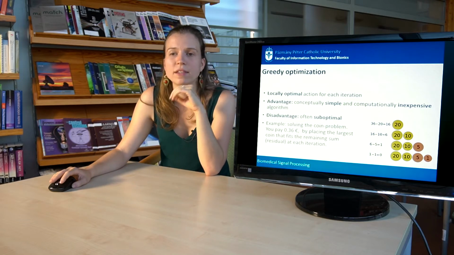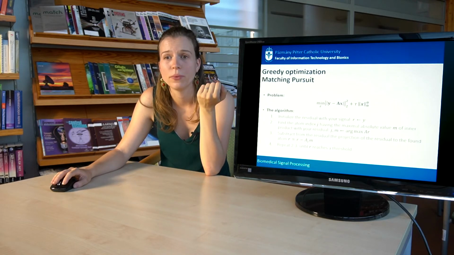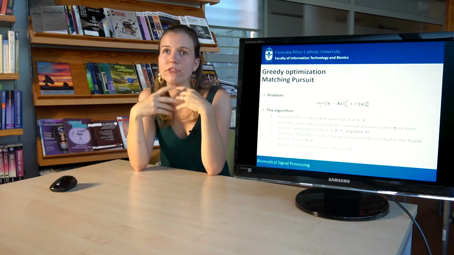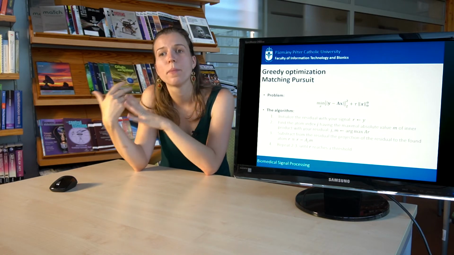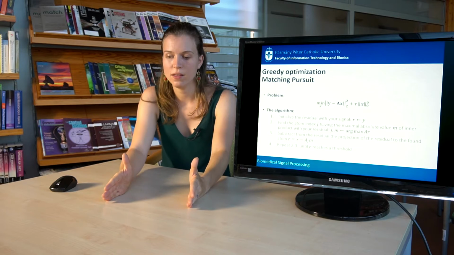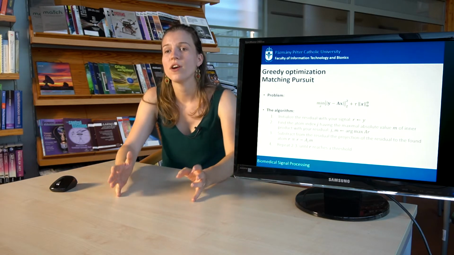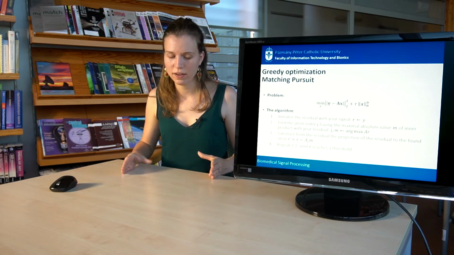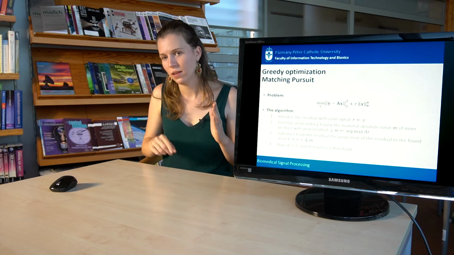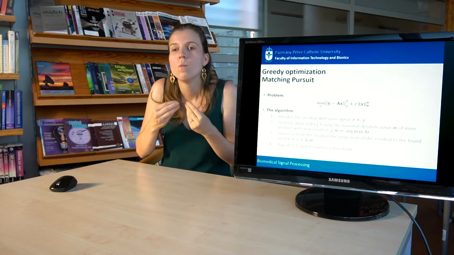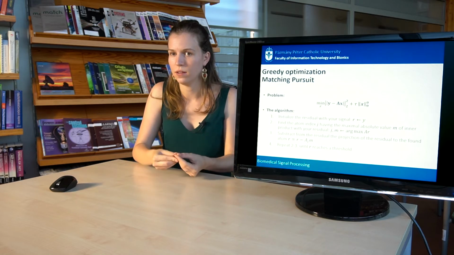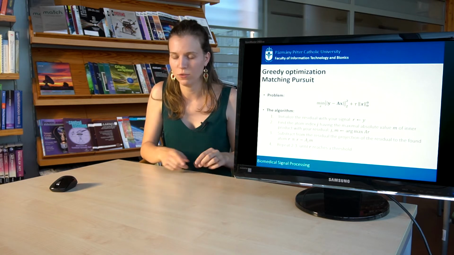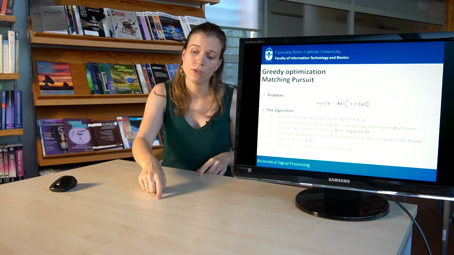So what does it mean from a signal processing point of view? What does it mean for our algorithms? You have a signal measured and you would like to make it sparse. So you have your signal, you are at 36 something, and you are starting from nothing. So you take your wavelet basis and you check which of these basis vectors is most similar to your signal, so which fits it the most, which will be a simple scalar product, the one with the highest product with your original signal.